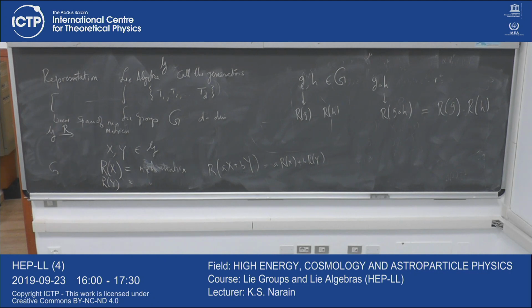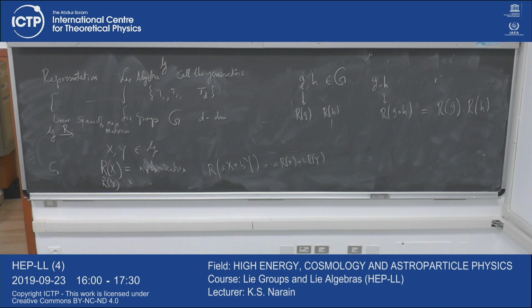Okay. So representations are very important for both mathematics and physics, right? In physics, group theories appear through their representations. So typically there will be some fields, let's say some fermion fields or bosonic fields and so on, and they will transform under some group in a particular way. So that's exactly the statement that you are taking.